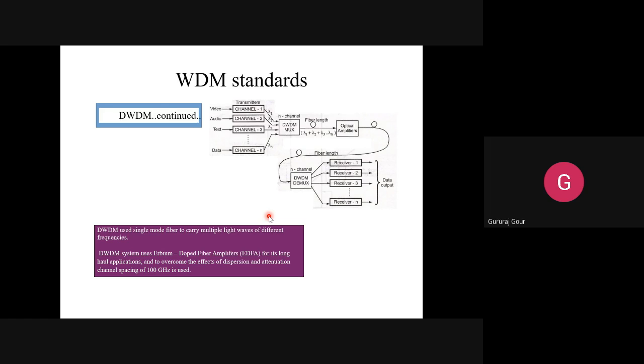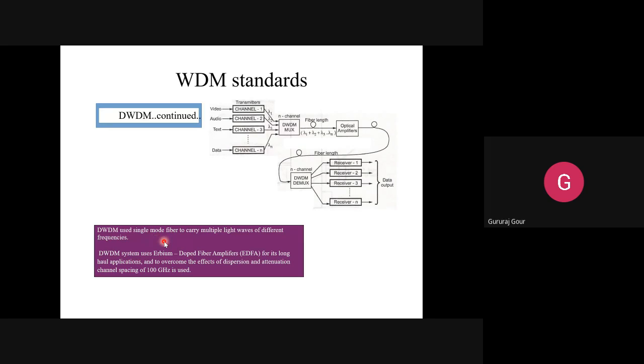So one thing you have to remember: DWDM is advantageous because it will not require any temperature controlled laser sources. Sorry, this is not okay, that is CWDM, which we are going to see. DWDM has a limitation that it requires high power consuming, highly coherent laser sources, like the EDFA, erbium doped fiber amplifier, that we are going to see later.